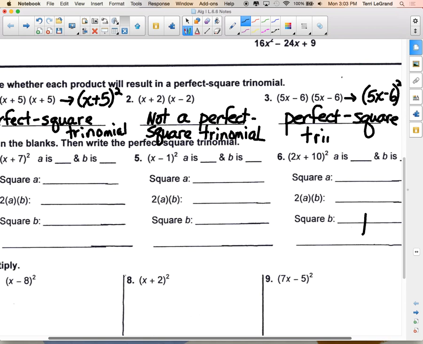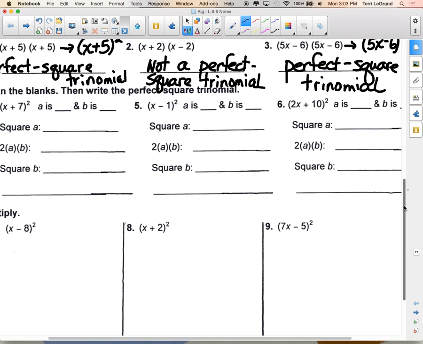So once we decide it would give us a perfect square trinomial, then the only other decision we have to make is, would it be a plus 2ab in the middle or a minus 2ab in the middle? When do we have a plus 2ab? When it's an addition in the binomial. When do we have a minus 2ab? When it's a subtraction.